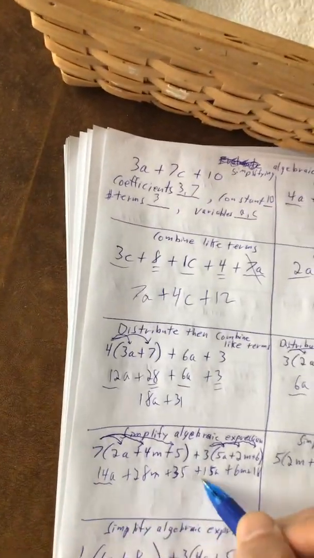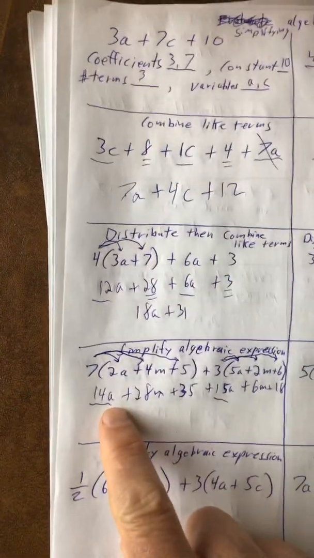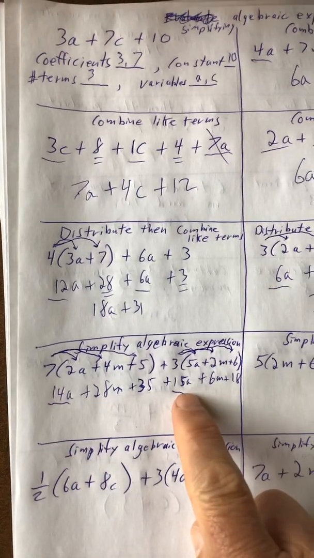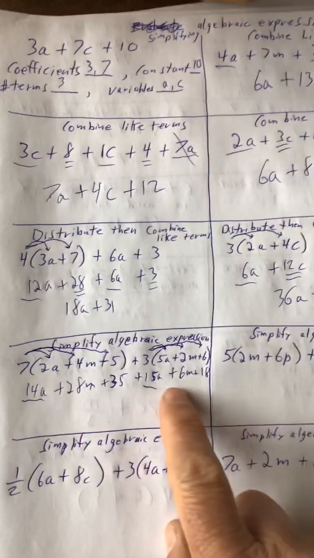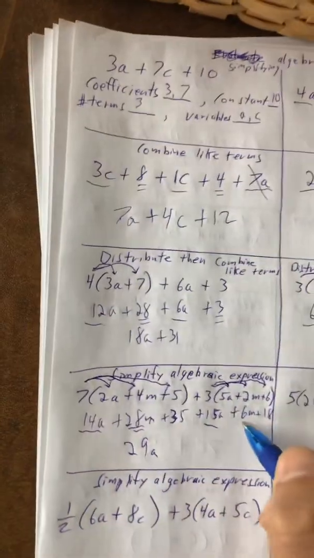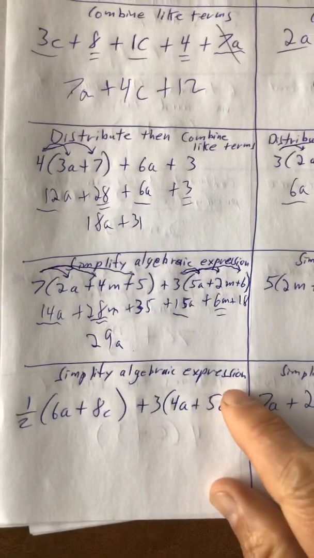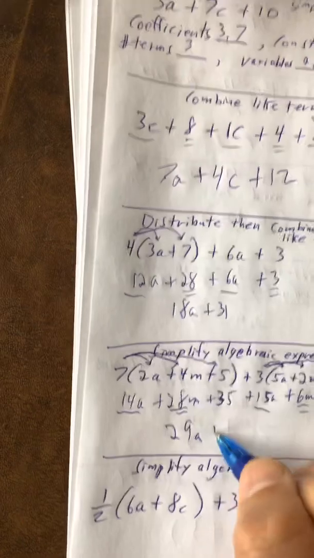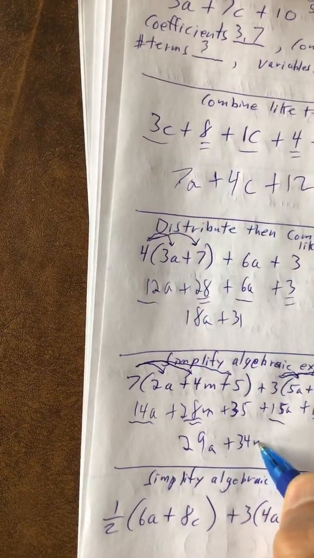Now, alphabetical. 14a plus 15a. You got 14 alligators and 15 alligators. That's 29 alligators. You got 28 monkeys and 6 monkeys. That's going to add up to plus 34 monkeys.